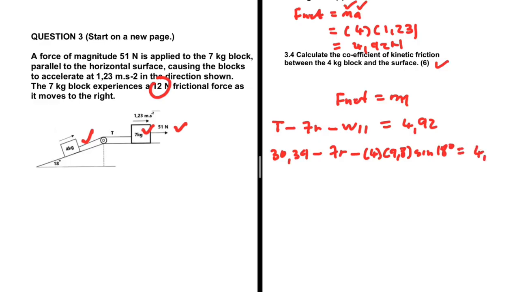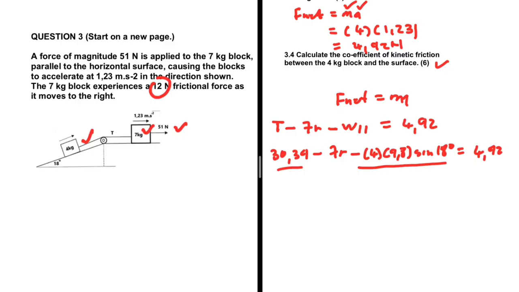This is equal to 4.92. So 30.39 minus 4 multiplied by 9.8 multiplied by sine of 18. Let me put that in my calculator.